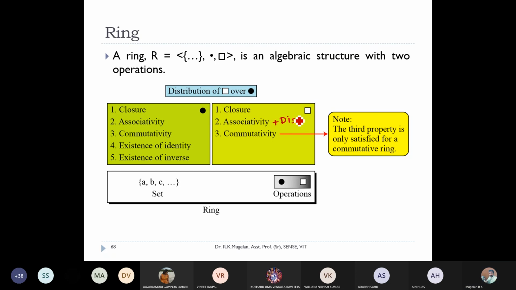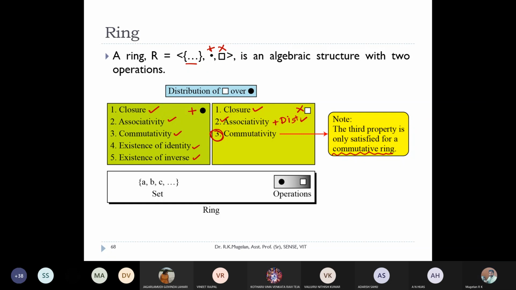This is addition and this is multiplication. That's why a ring can be defined as an abelian group with addition as operation along with multiplication which satisfies closure, associativity and distributive property. If it satisfies the commutative property, then I can call it a commutative ring.